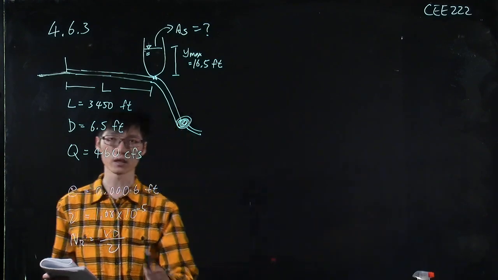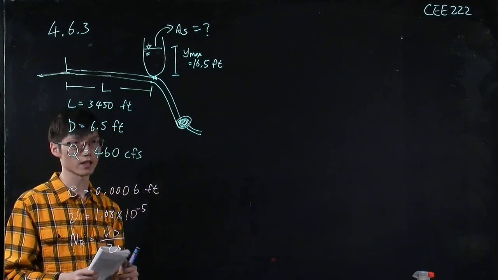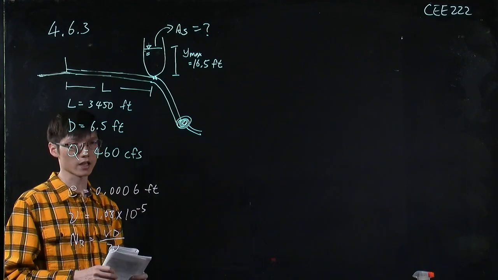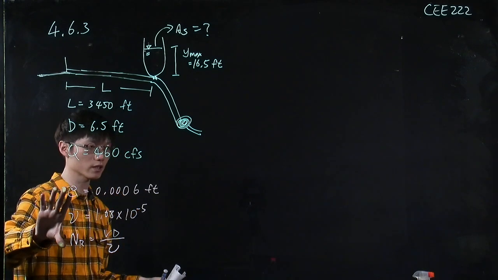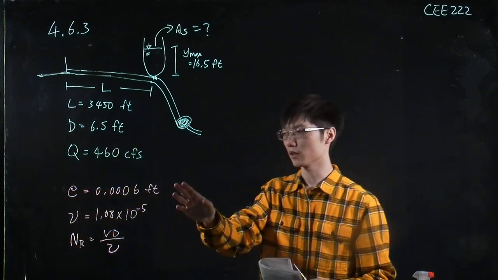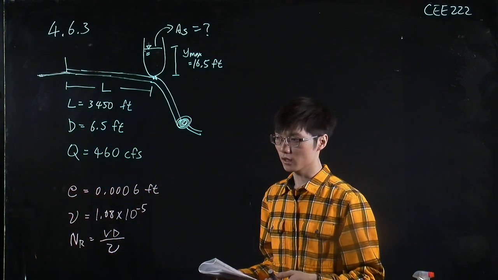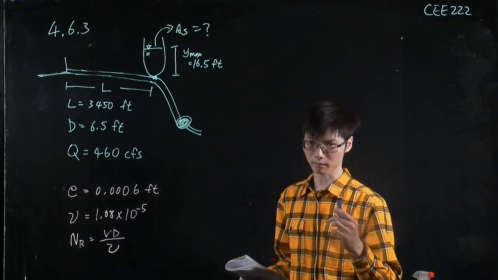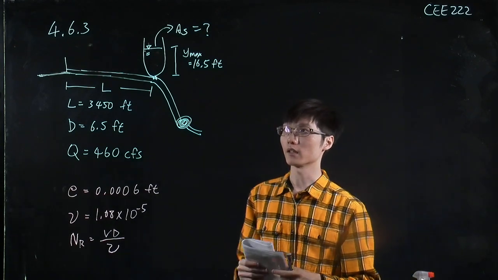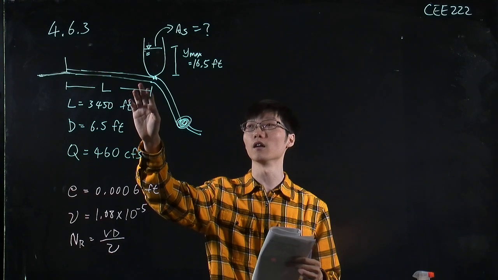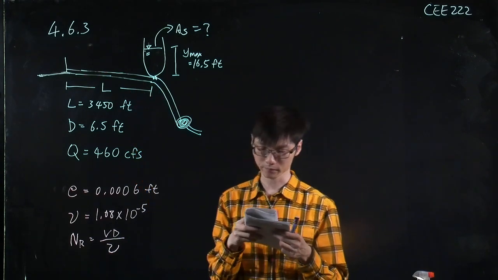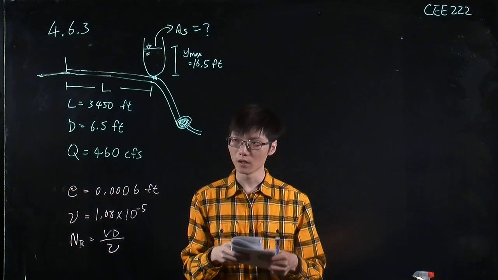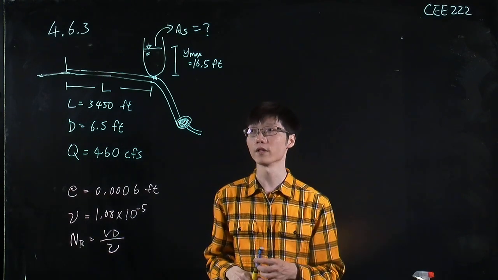The flow rate is equal to 460 cubic feet per second. And this number that I write in pink is information that you can find in the textbook by looking for the material of this pipeline. Okay, so let's start to solve this problem.